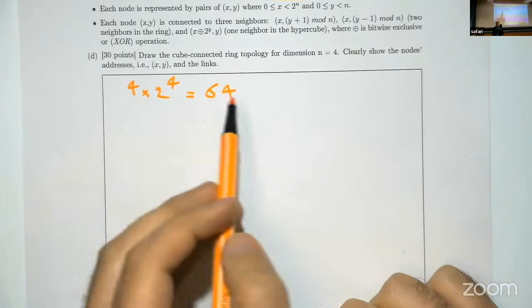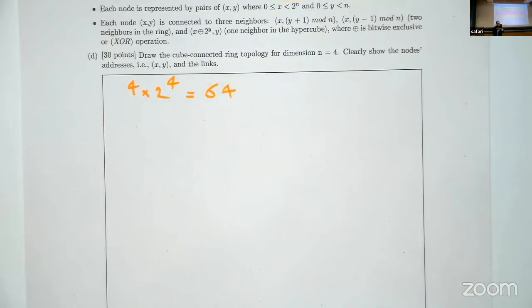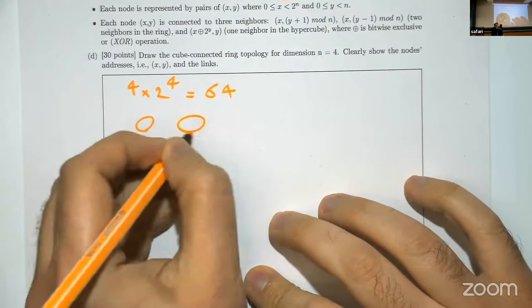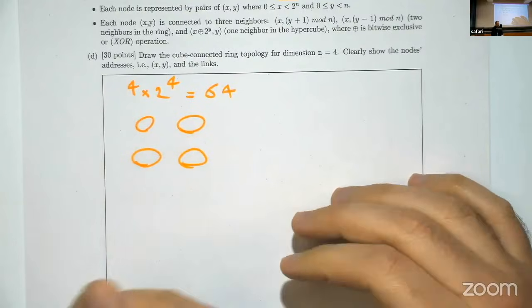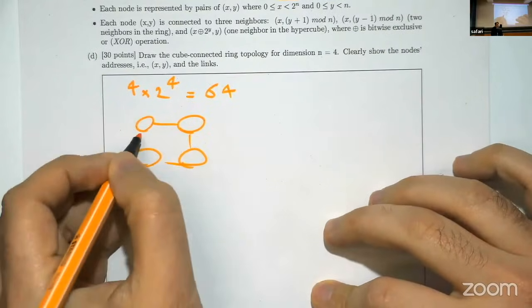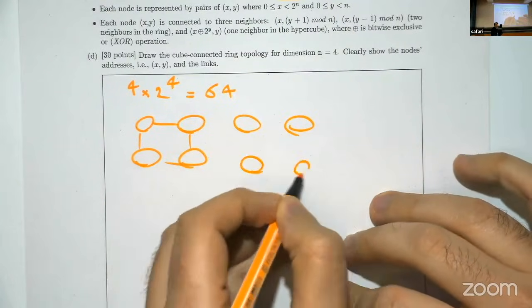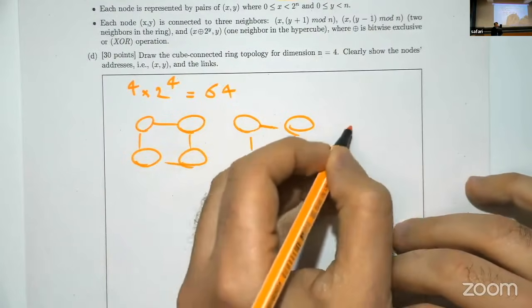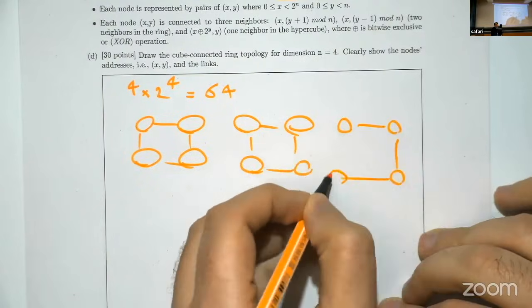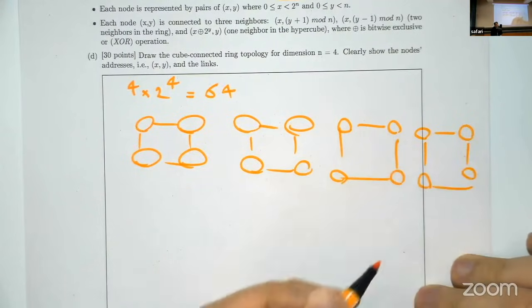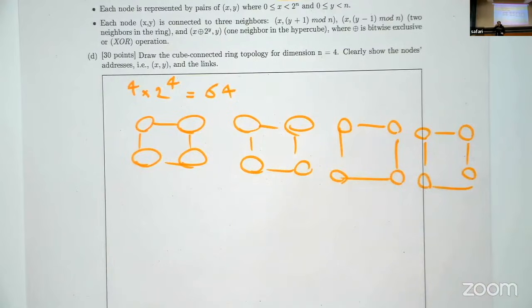Since we have rings of 4 nodes in a cube-connected ring, I will make something like this. This is, for example, one ring. There is also another ring here, another ring, and another ring, and so on and so forth.